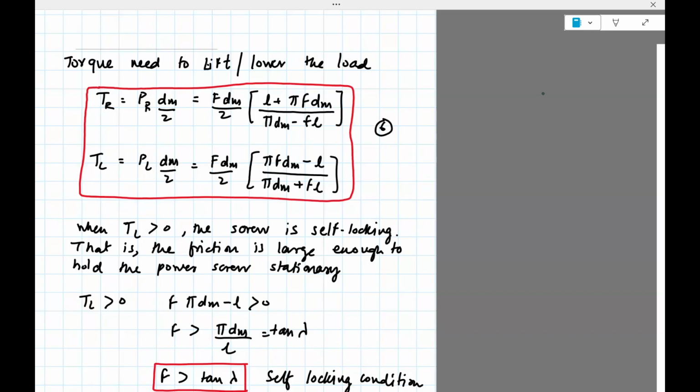Okay, so now that we have the expression for the torque needed to raise or lower the load, the lowering is kind of interesting. So imagine that you turn the jack in the car, and you keep applying it, and eventually at some point of time the car is stationary.